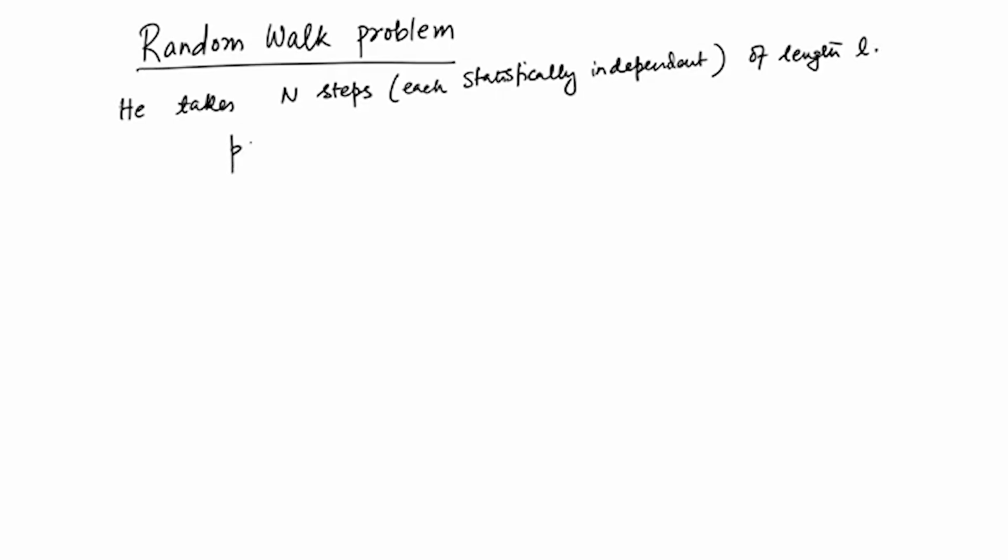So, p denotes the probability to take a right step, and q denotes the probability to take a left step.